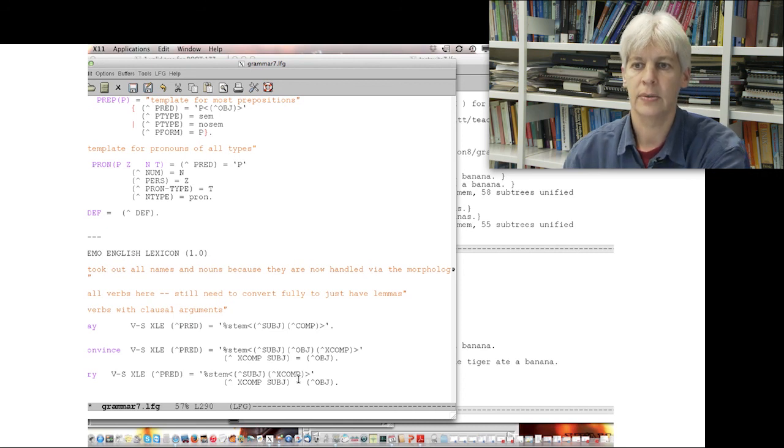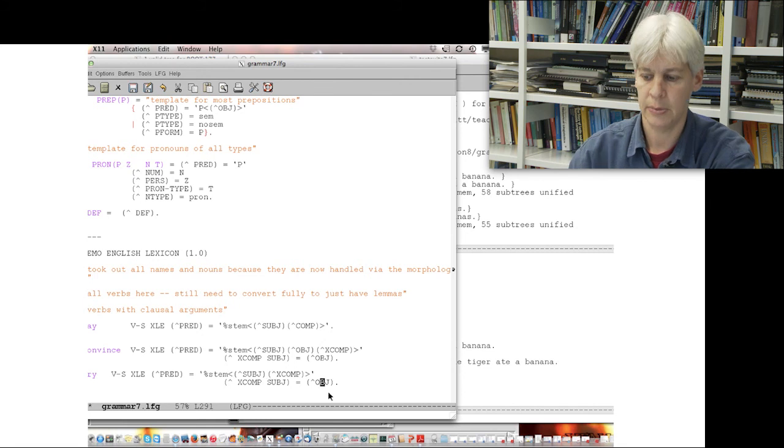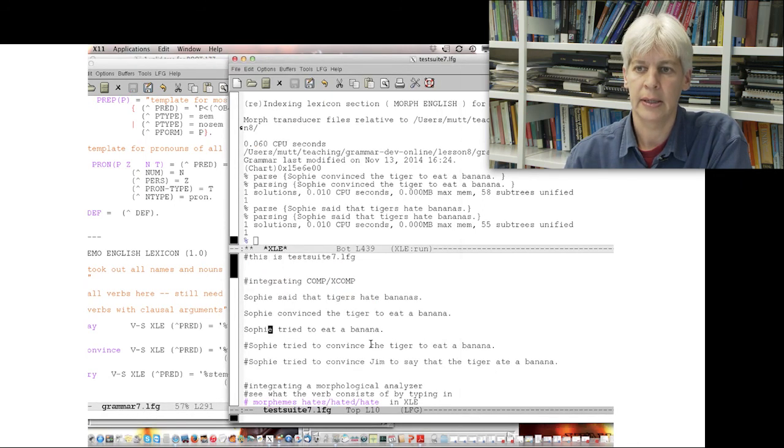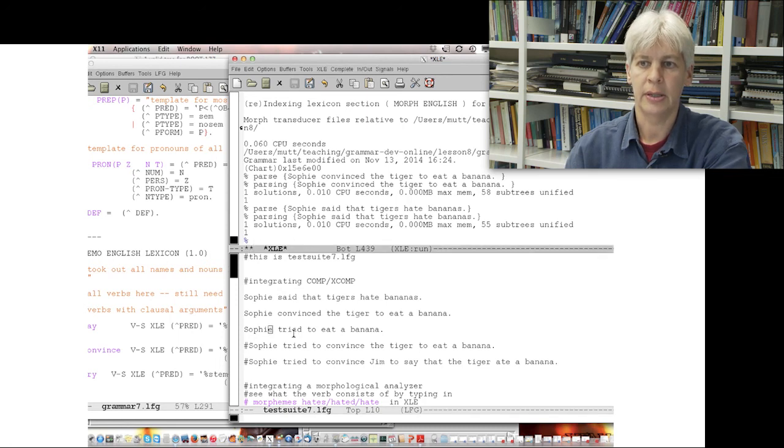Sophie tried to eat, XCOMP, and the XCOMP subject is the UP subject. It's a subject control verb. Sophie is the one who's eating things. Okay. Everything else should be in place, except for that lexical entry. We've got the VP, everything else should be working. We've only made a change to the lexicon, so let's just be bold and try it.